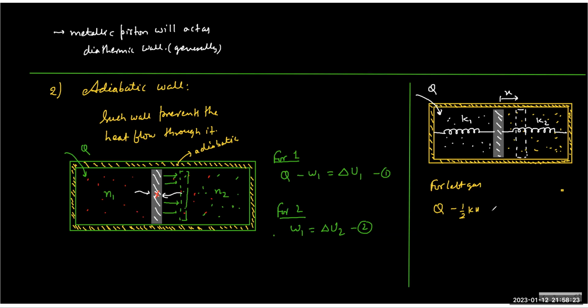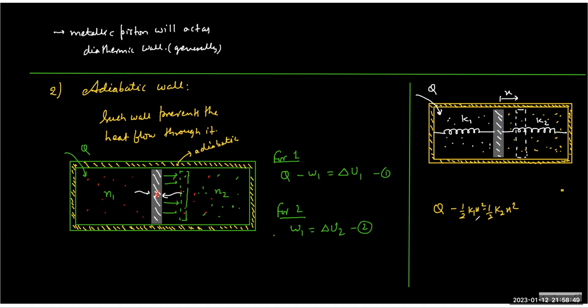Can you see that the two springs will store this much energy? Now I am talking about the entire system. How much energy did I give? I gave Q energy to the entire system, left and right together. So when things are difficult to write for one part, we write for the entire system.